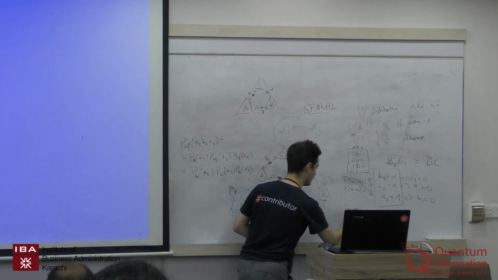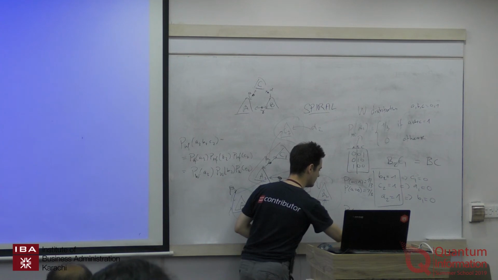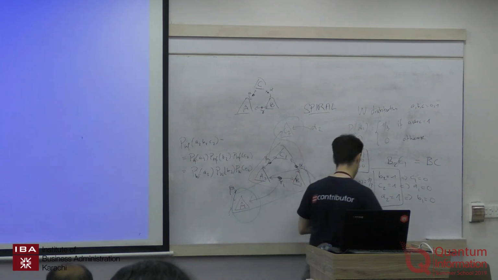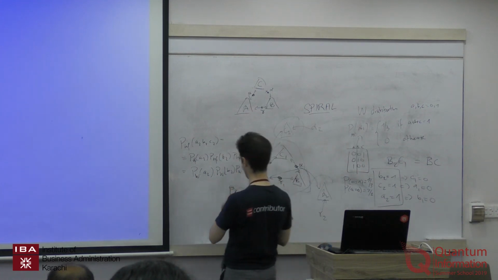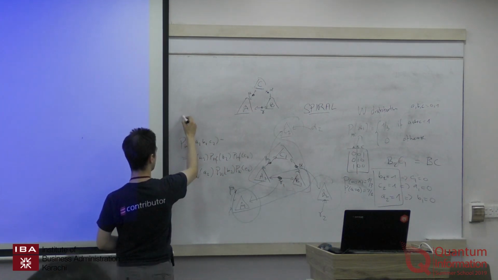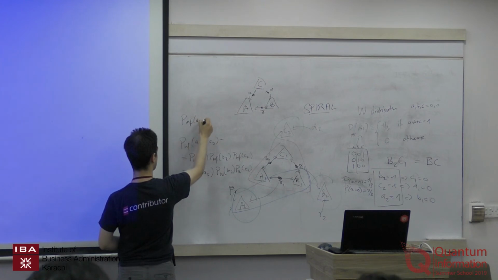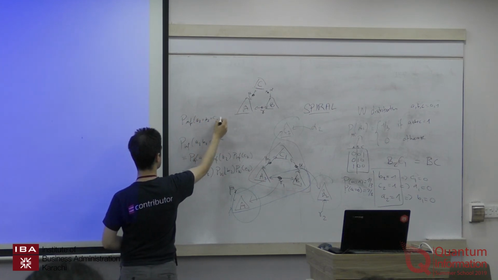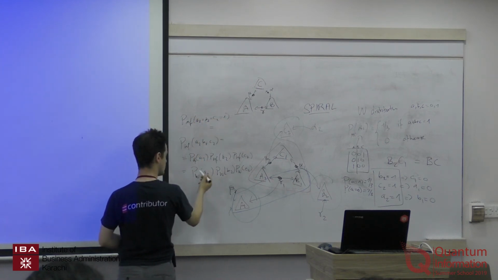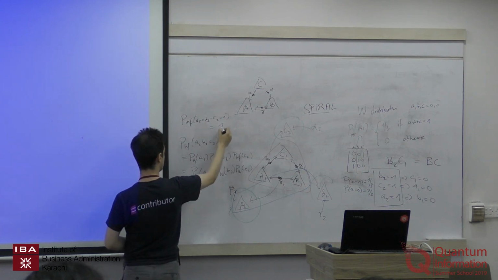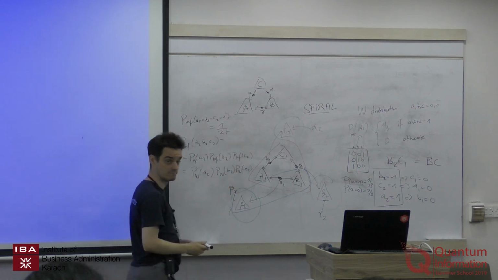So now the probability of, in the inflation, having A2 equal to B2 equal to C2 equal to 1, this is 1/3 times 1/3 times 1/3, this is 1/27.